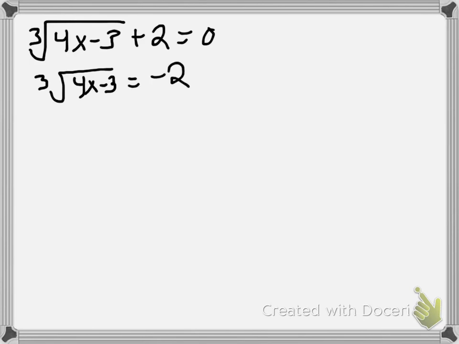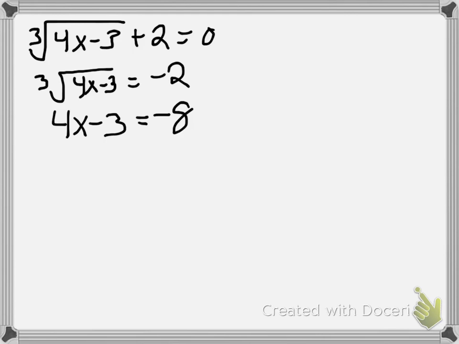Now, here's where some of you messed up. Guys, if you cube both sides, you do get 4x minus 3. What is negative 2 cubed? Negative 2 times negative 2 is 4. 4 times negative 2 is negative 8. There was a lot of you that when you showed me your work, you told me that was positive 8. I was like, oops, that's not right.